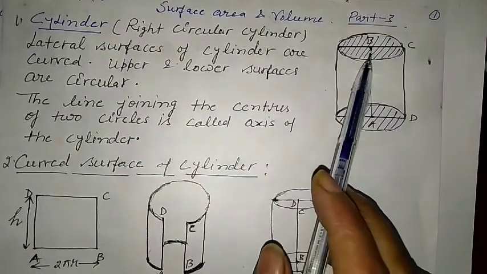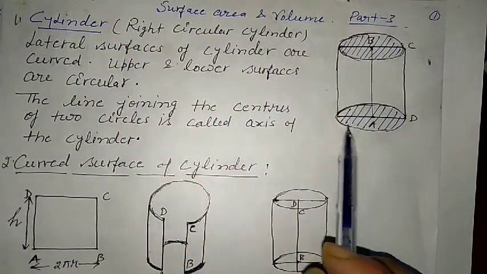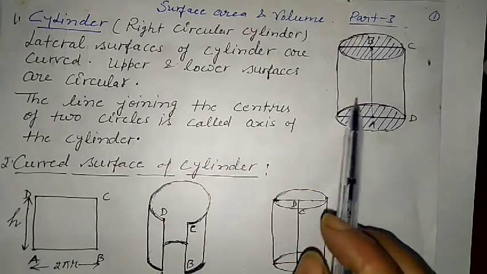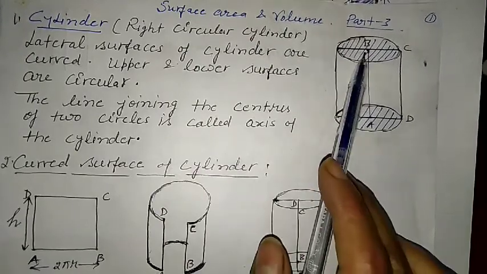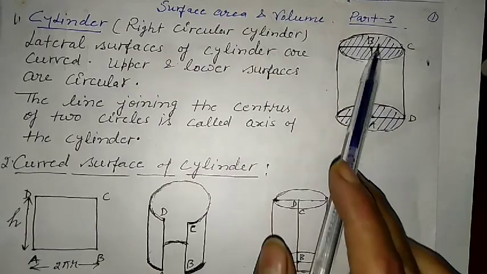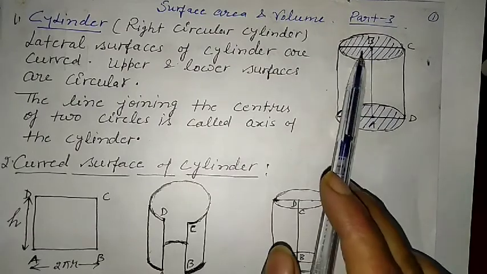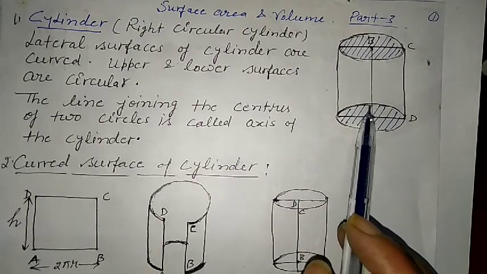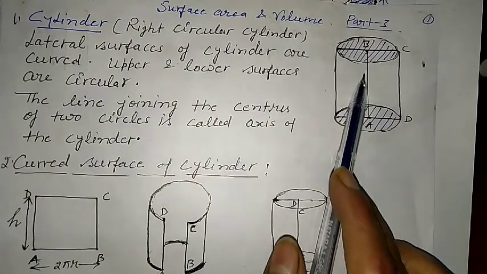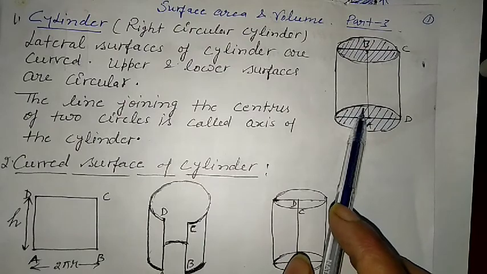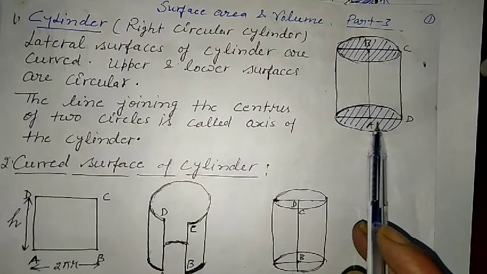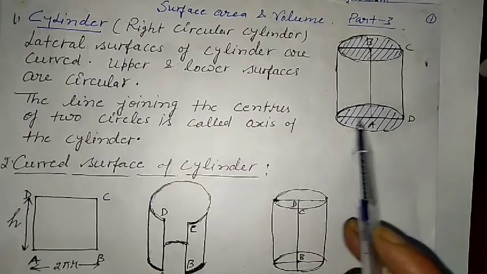The line joining the centers of the two circles, this is one circle and this is the upper circle, so the line joining the centers of these two surfaces is called the axis. This is known as the axis of the cylinder, and this axis is perpendicular to the diameter or the radius.